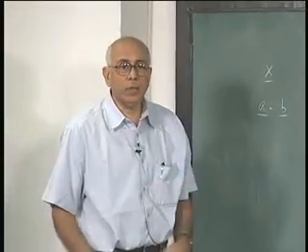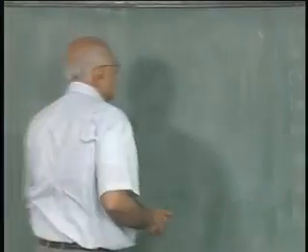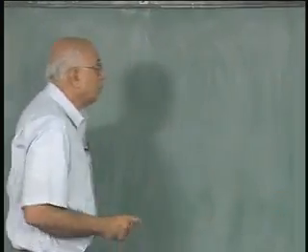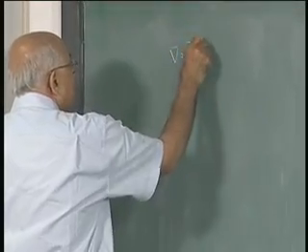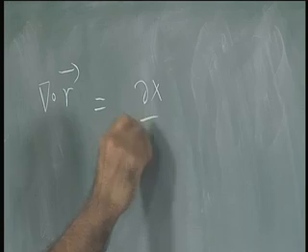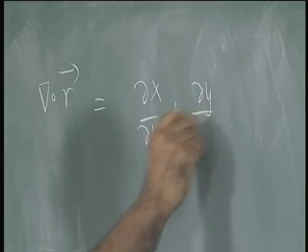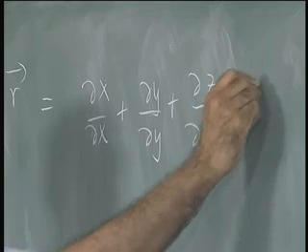What about the gradient operator? That is less trivial. So let us try to find that, what I mean by the divergence of something. Please recall that del dot r in ordinary 3 dimensions stands for delta x over delta x plus delta y over delta y plus delta z over delta z equal to 3.